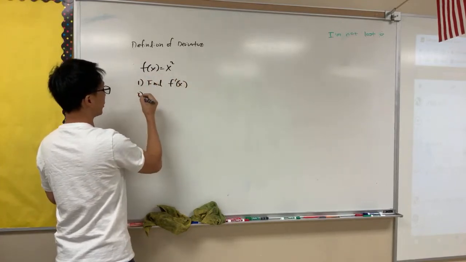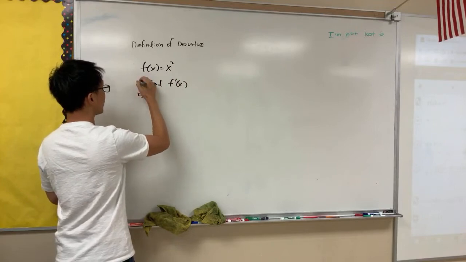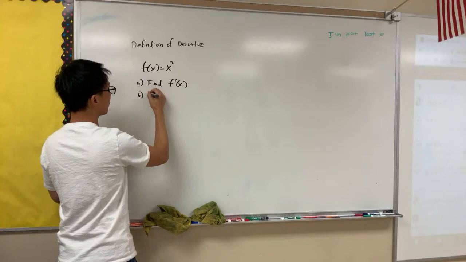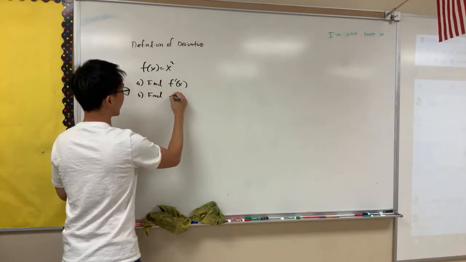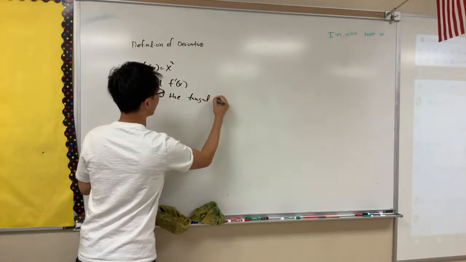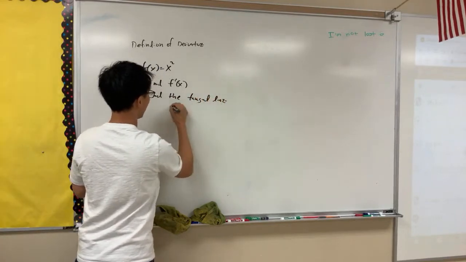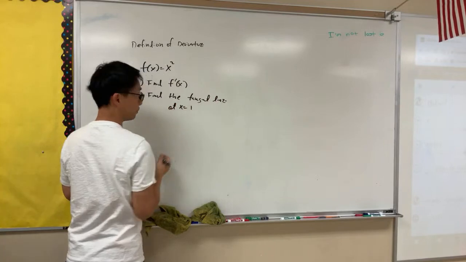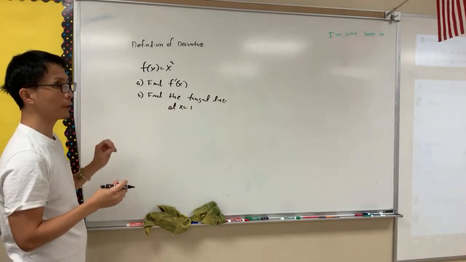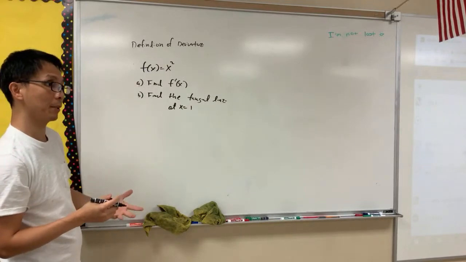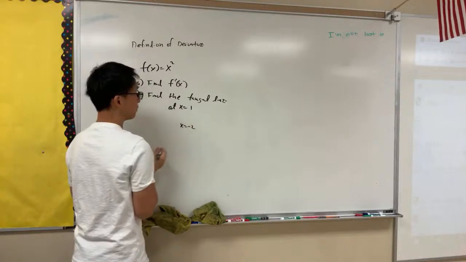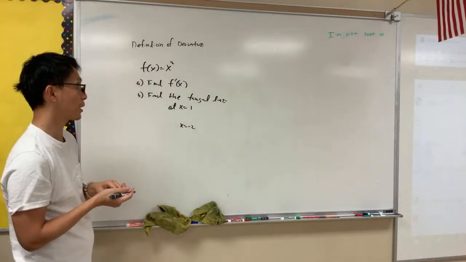The second part of the goal is to find the tangent line at x equal to 1. We're going to apply this derivative, and we can try at x equal to -2 as well.